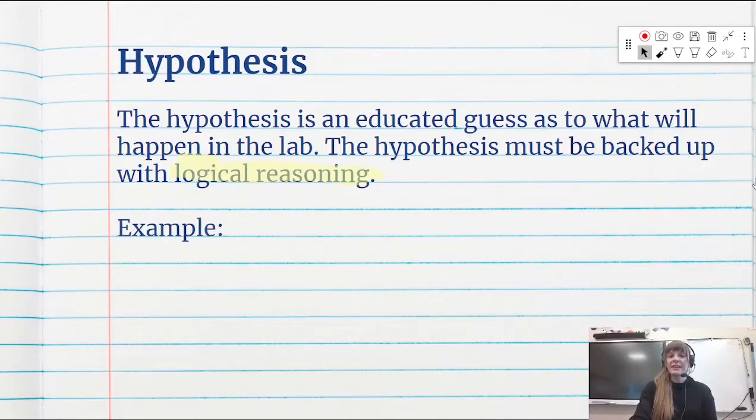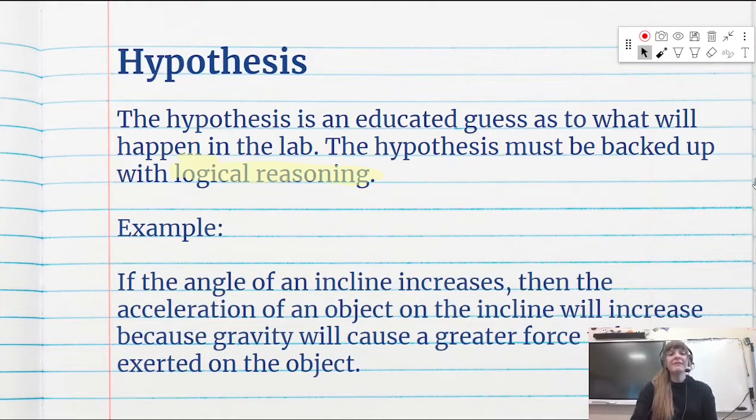So here's an example. If the angle of an incline increases, then the acceleration of an object on the incline will increase because gravity will cause a greater force to be exerted on the object.